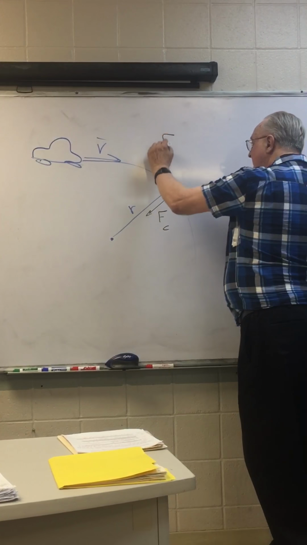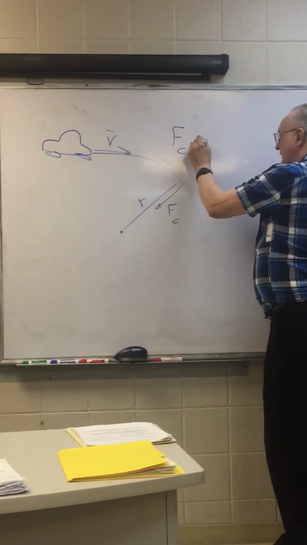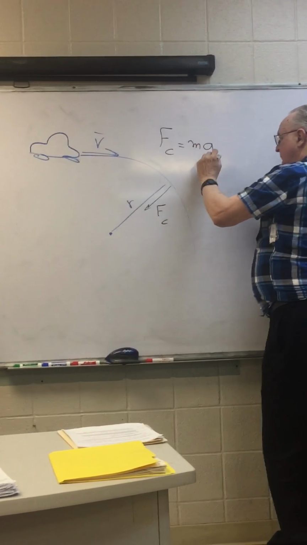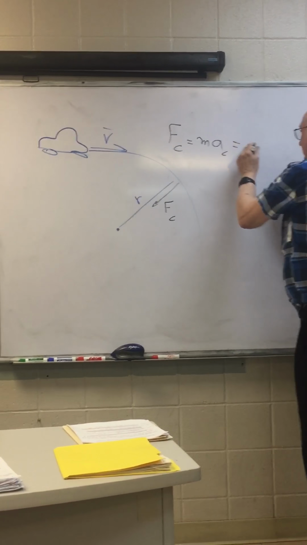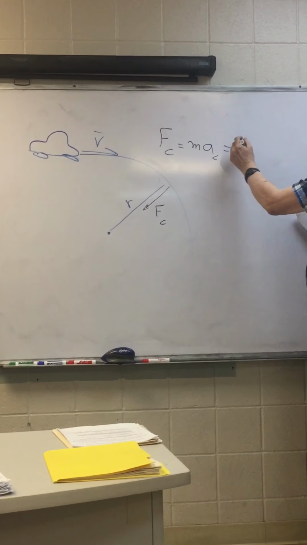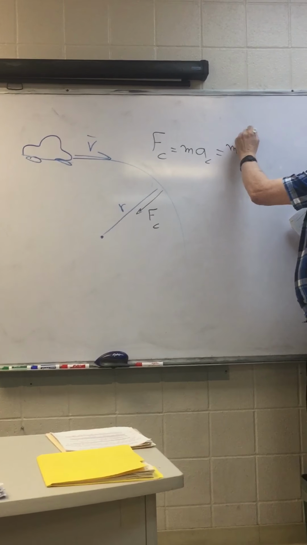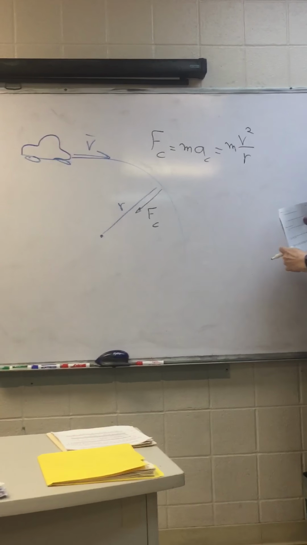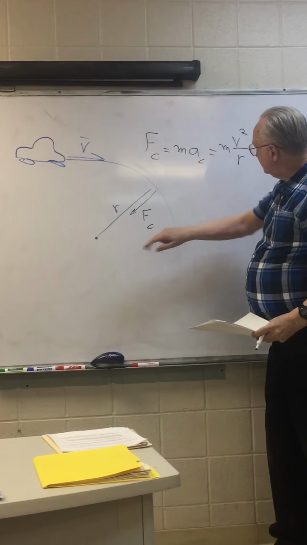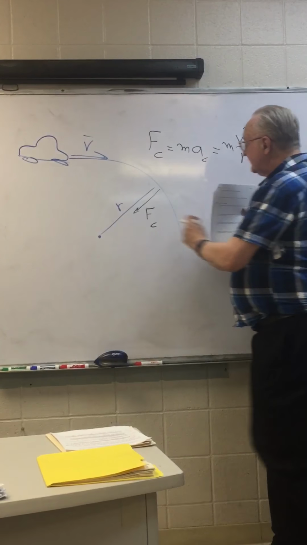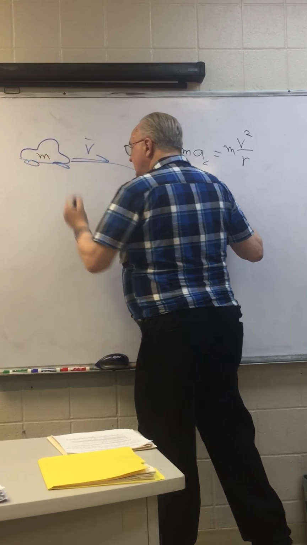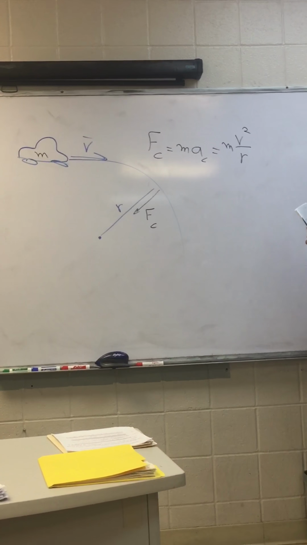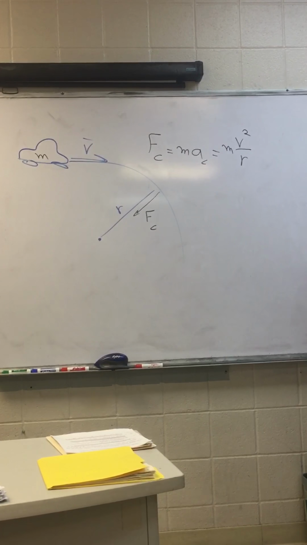So centripetal force is mass times centripetal acceleration, but centripetal acceleration is v squared over r. You've got the force, you've got the radius, and you've got the mass. So everything's given except v, and you can solve for v.